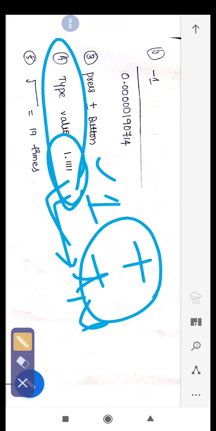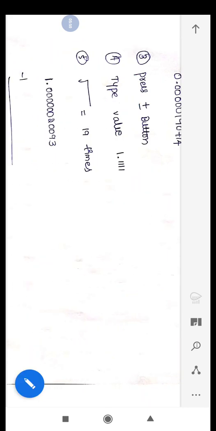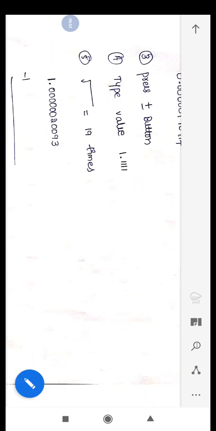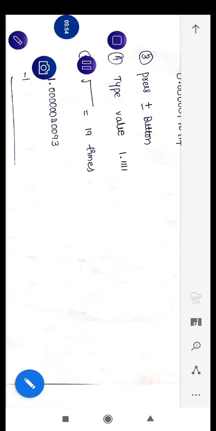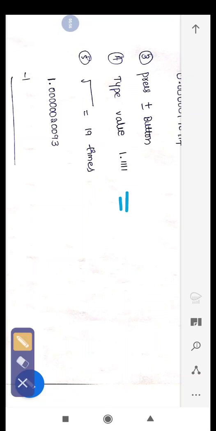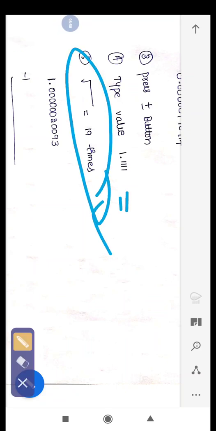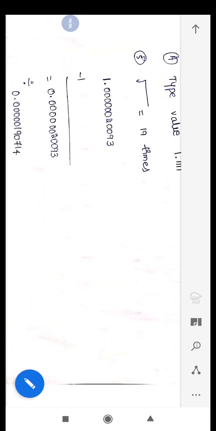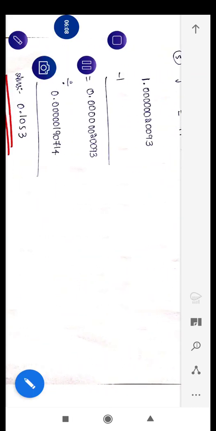Next, the fifth step is to press the square root 19 times again. Whatever value you get after pressing equals, you have to press the square root for 19 times. You will get this value. After that, you have to again deduct 1. After deducting 1, you will get this value.